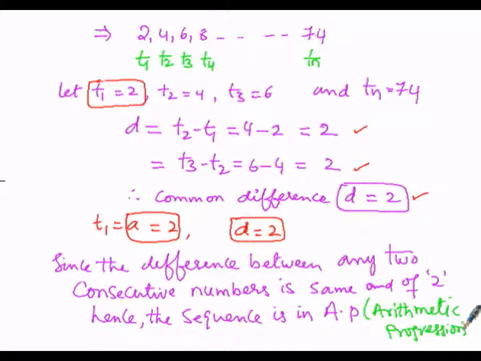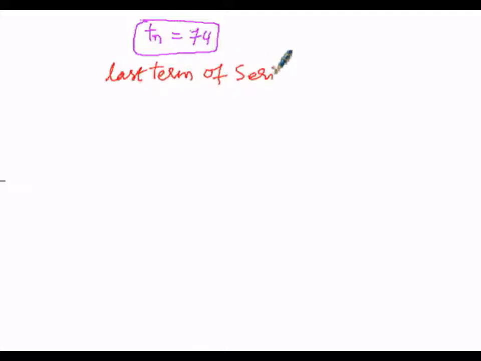Now, since it is in arithmetic progression, as per the series the nth term, that is the last term, is 74. So the nth term of the series is 74, which is nothing but the last term. So the last term of the series or sequence, Tn, denoted by L, equals 74.